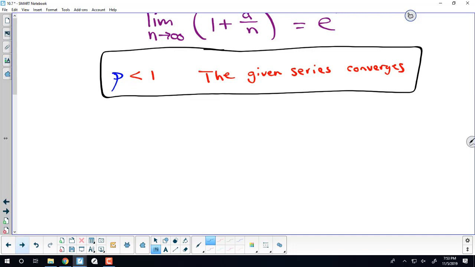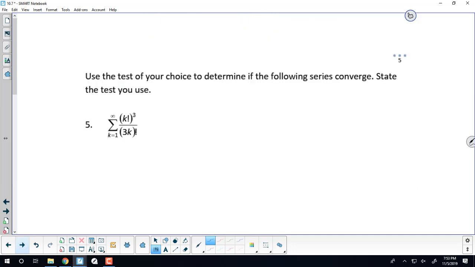There's really no way around it other than just doing it over and over. So it says use the whatever test to determine if the given series converges or diverges. What test would we use here? The ratio test, yeah. The ratio test because of the factorials that are present.